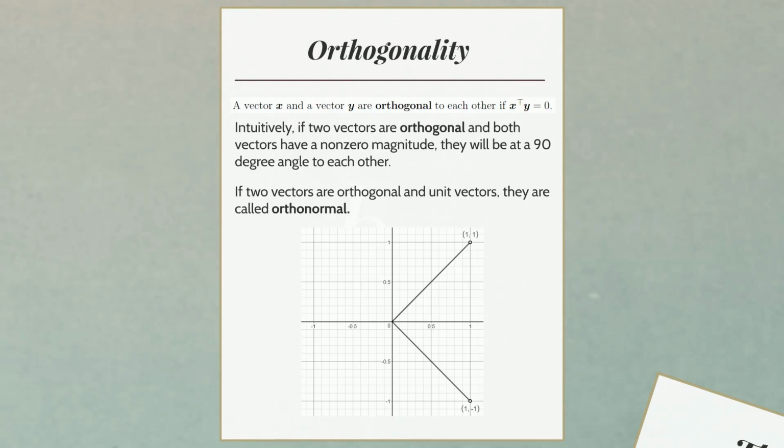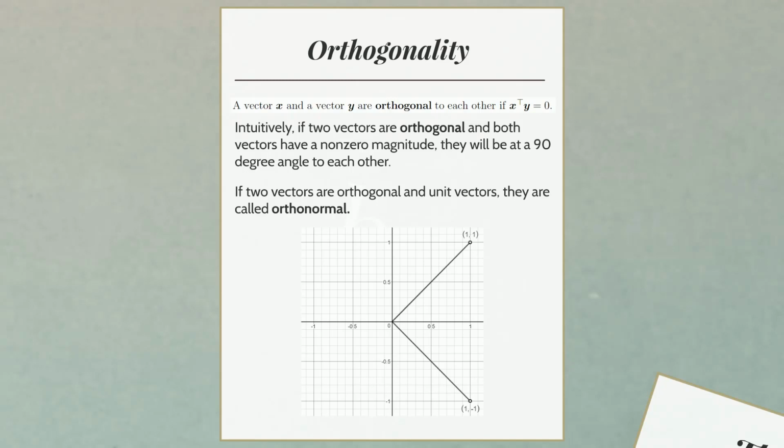However, if we say we have an orthogonal matrix, we are going to have a square matrix whose rows are mutually orthonormal and whose columns are mutually orthonormal as well. So the rows and columns are going to be orthonormal to each other, and as a result, we get an orthogonal matrix.